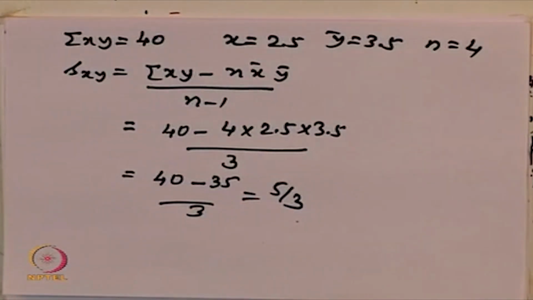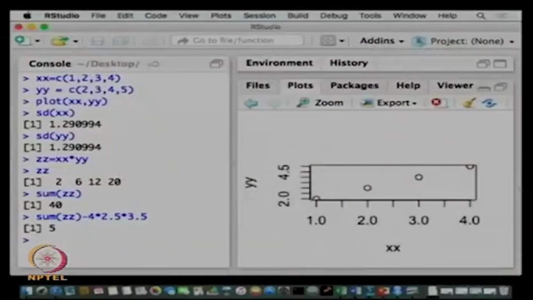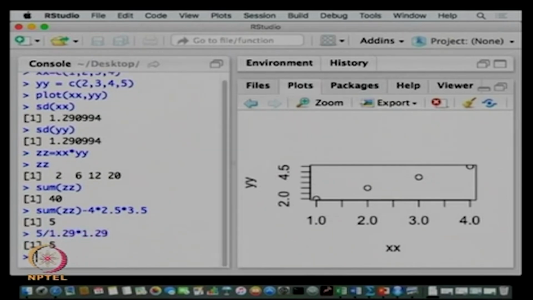Okay. And I know the standard deviation of Sx. So, my correlation coefficient is going to be 5 by 1.29 star 1.29.